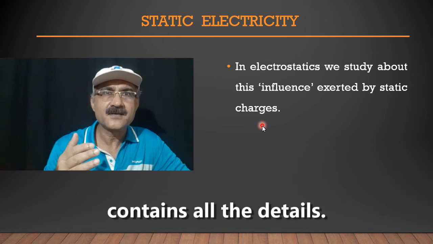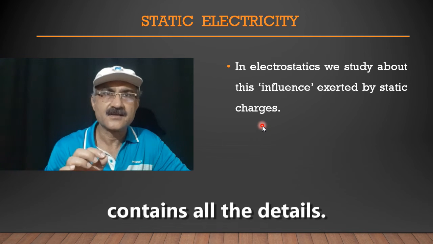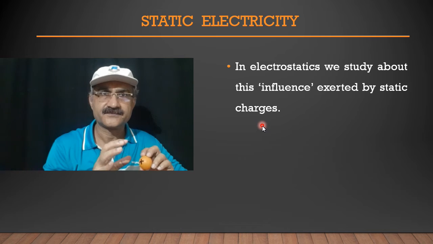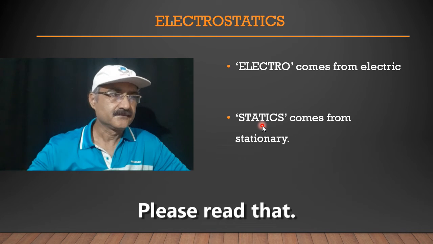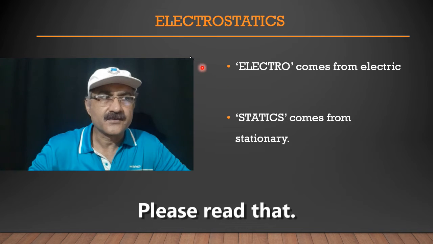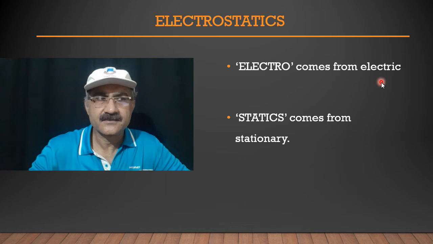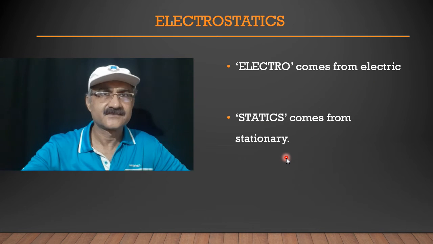But to make it simpler for you to understand at this stage, I'm using the common English word influence, the influence of a charge in the space around it. Now in this word electrostatics, the electro part comes from electric and the statics comes from stationary. Simple.